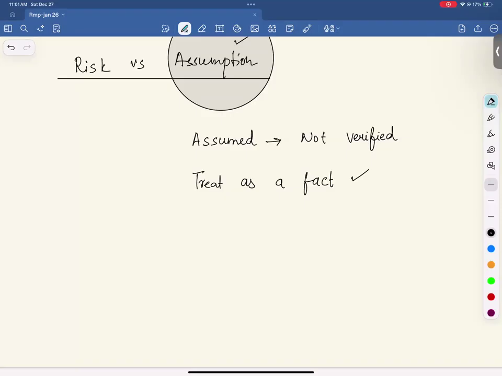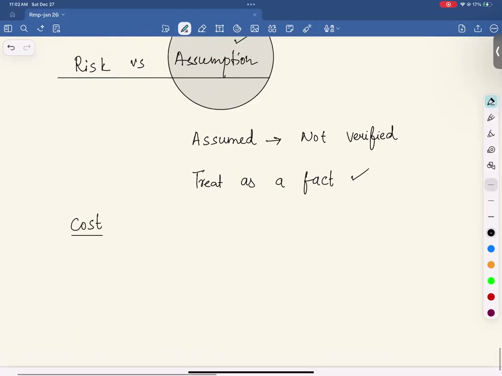So an assumption is something you believe to be true without full proof, and you plan the project as if it will hold. It's a working belief. For example, you're working on costing of your project, you're calculating budget, and you say, okay, inflation for next year would be 3%.